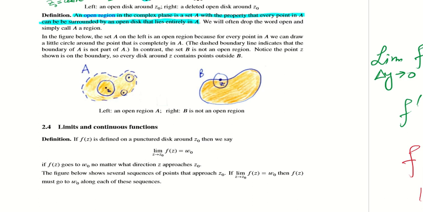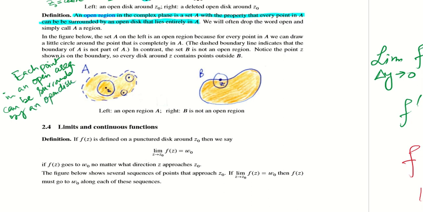What it says: each point in an open area can be surrounded by an open disk. Very easy definition.